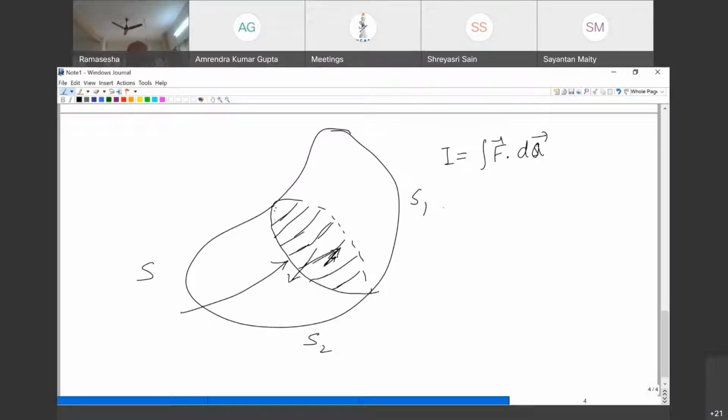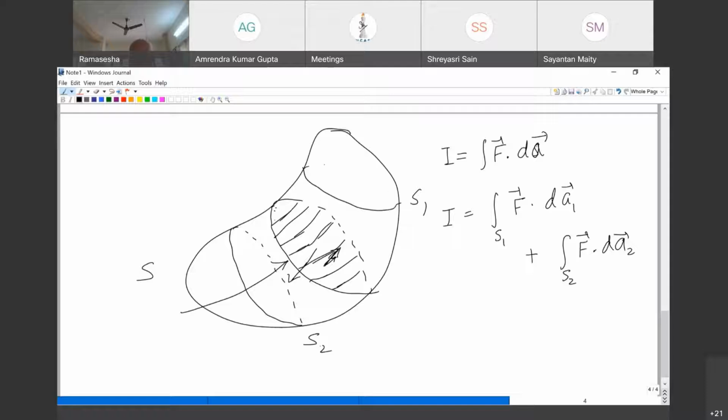So I can write I as equal to the integral over surface 1 of F dot dA1 plus the integral over surface 2 of F dot dA2. Similarly, I can subdivide each one of them once more, and I can keep on subdividing.